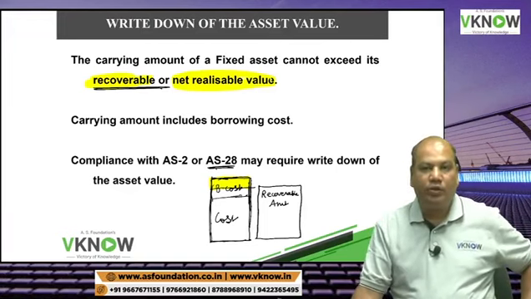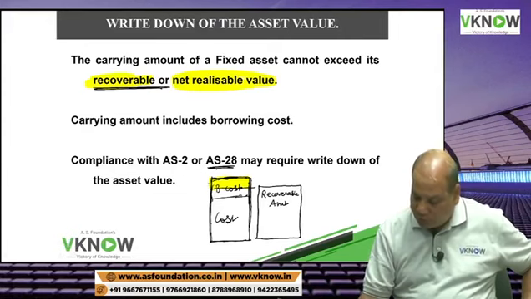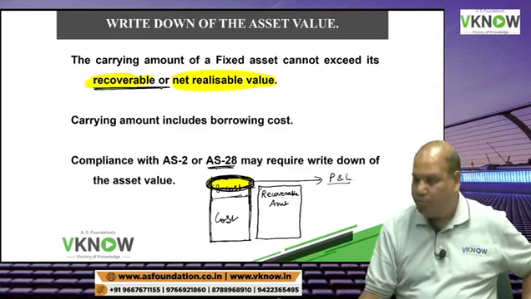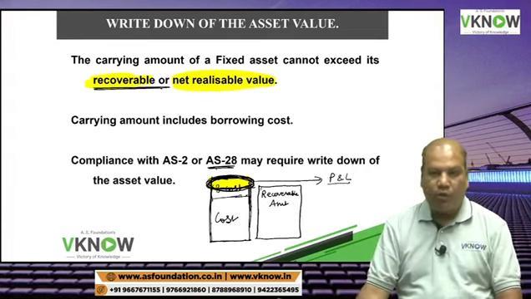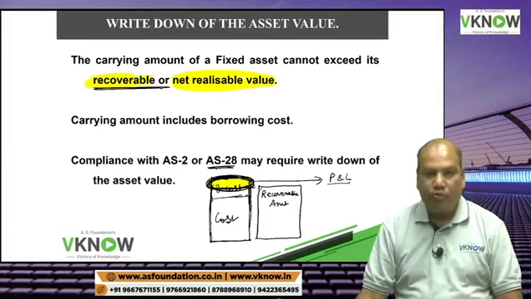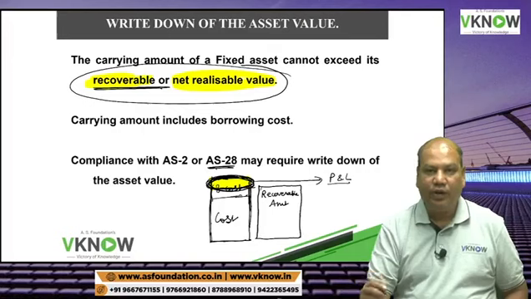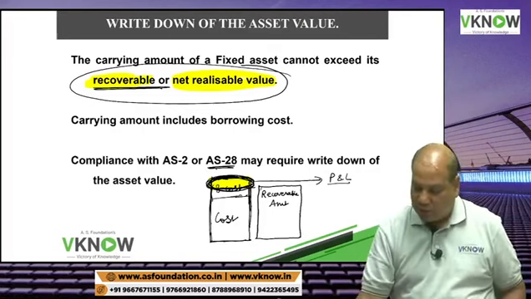What the standard says is, if the carrying amount after adding borrowing cost exceeds the recoverable amount, this excess will be transferred to the profit and loss account. Because by adding borrowing cost, I cannot show the asset above either recoverable amount or net realizable value.